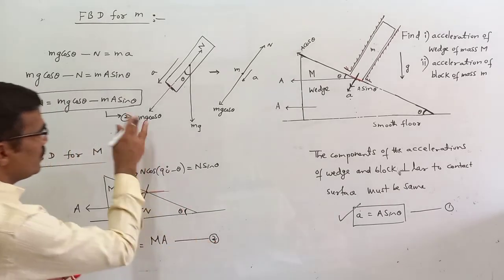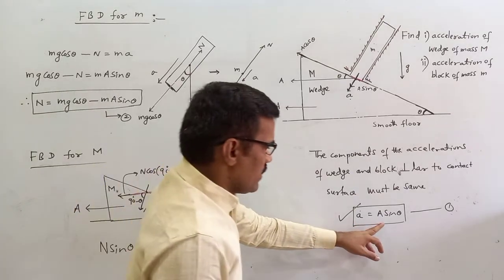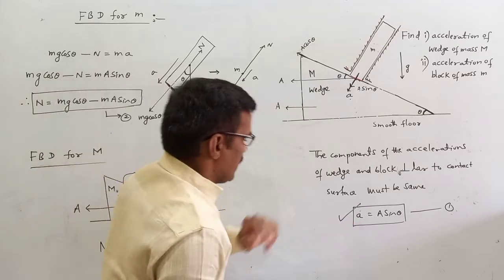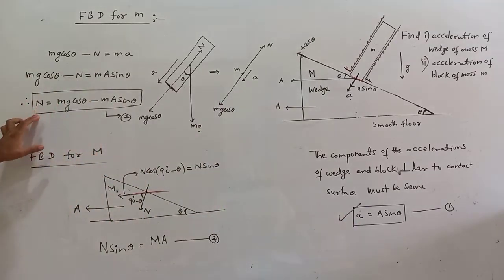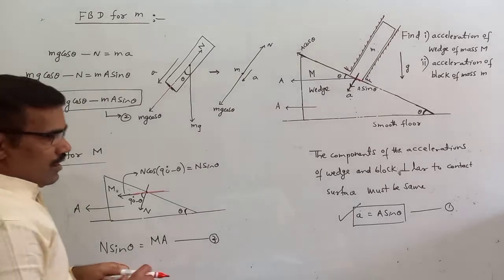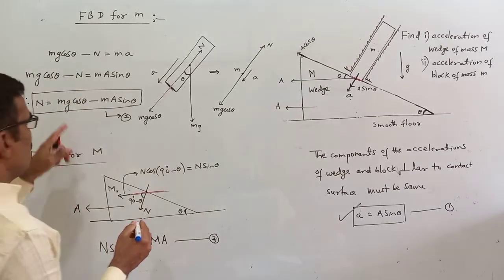So what do we want? We want capital A and small a. First, eliminate the N value from these two equations. Listen carefully.